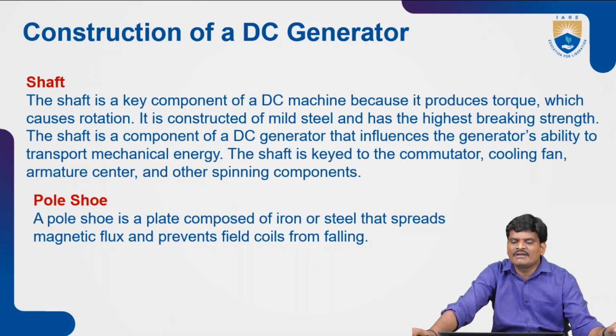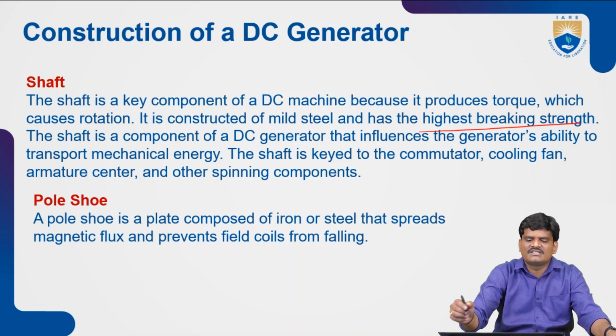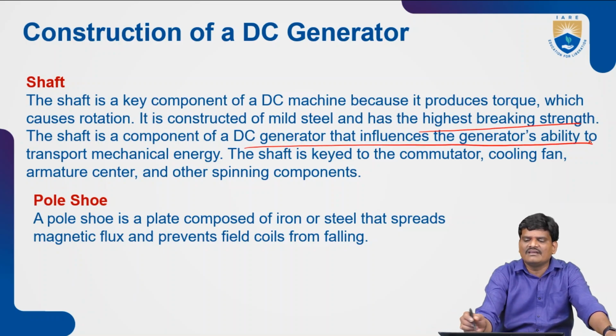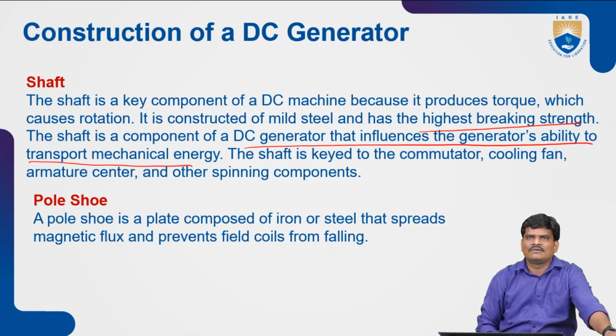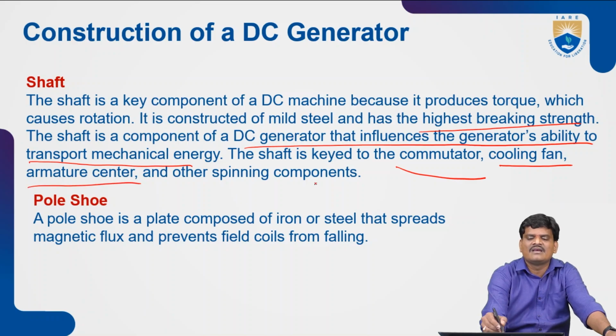So whatever material you choose to construct this shaft should have a high mechanical breaking strength. And it is a component of a DC generator which influences the generator's ability to transport mechanical energy. The shaft is key to what? It is key to the commutator, the cooling fan, the armature center, and also other spinning or rotating components.